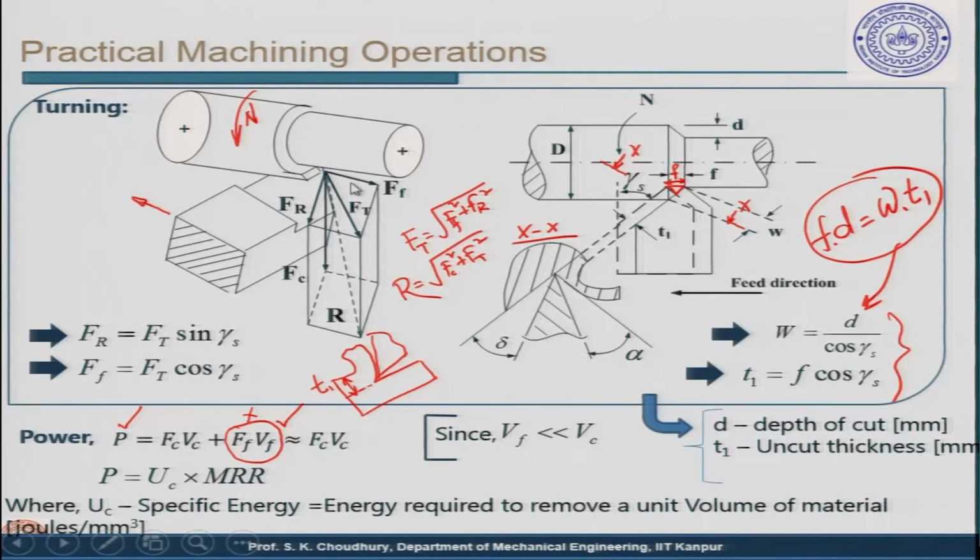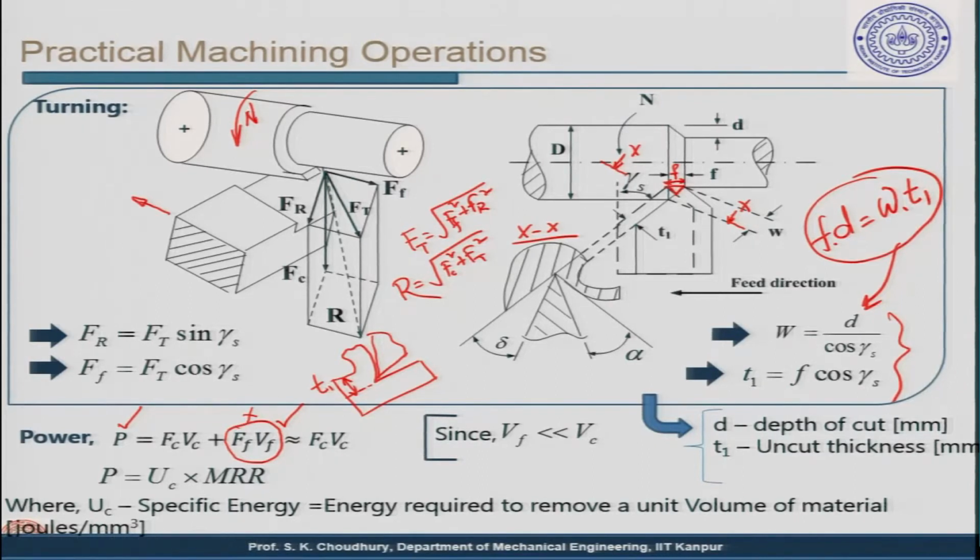Thrust force remains on the horizontal plane, and this is the vector summing of the Ff and the Fr. Fc is the cutting force, directed vertically.